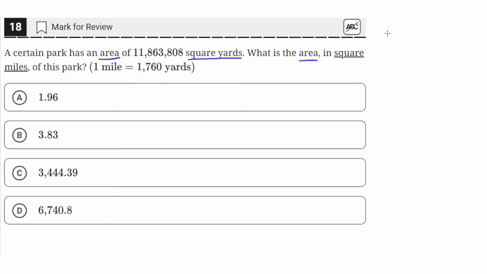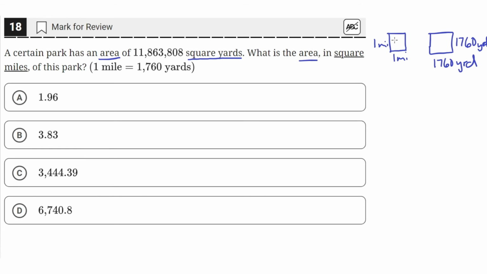So if we have, say, a square, and it's 1 mile on each side, that means that it's also 1,760 yards on each side. So each of the sides is 1,760 yards.